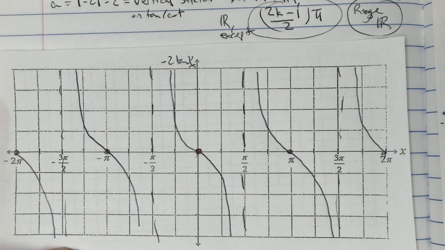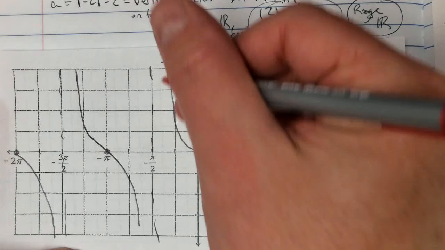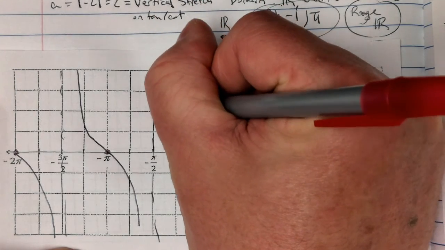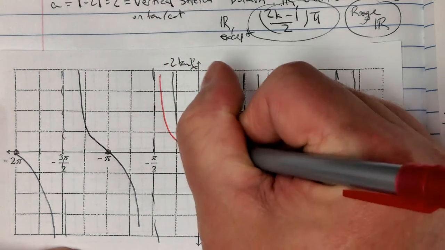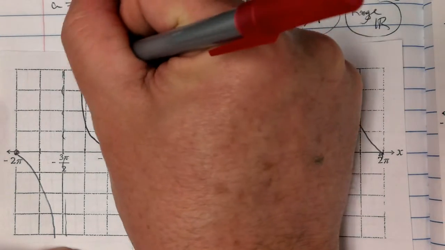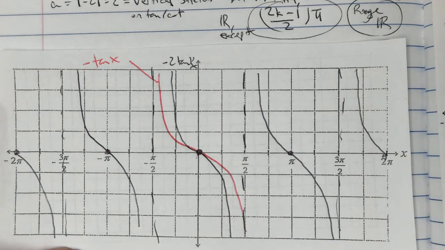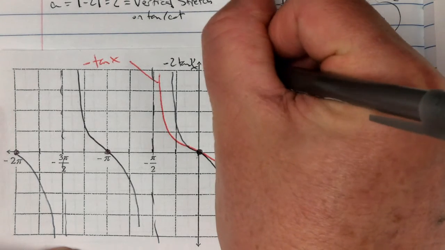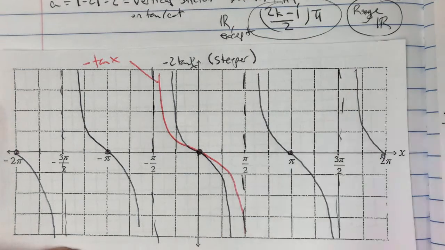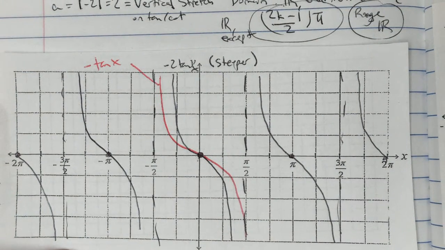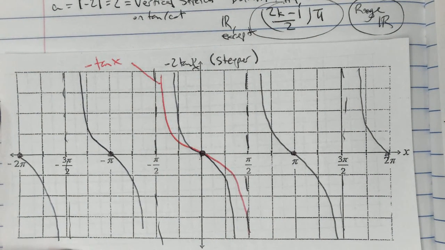Now if I compare this to just regular negative tan x, it would be wider. You don't have to draw this one. I'm just going to draw one iteration of it. This is minus tan x, so negative 2 tan x is steeper since it's a vertical stretch. So it's not quite as wide.